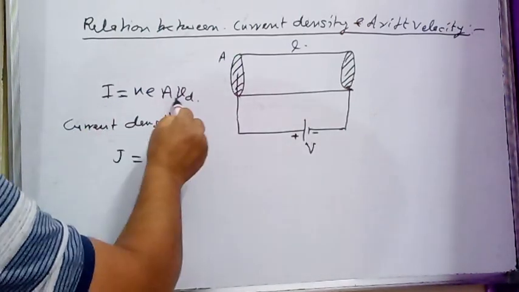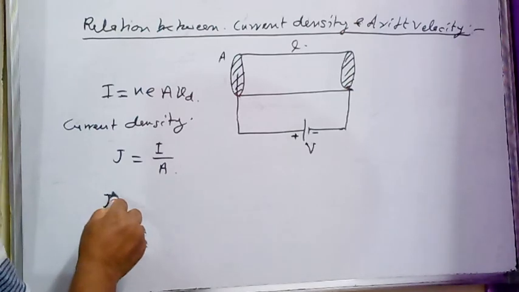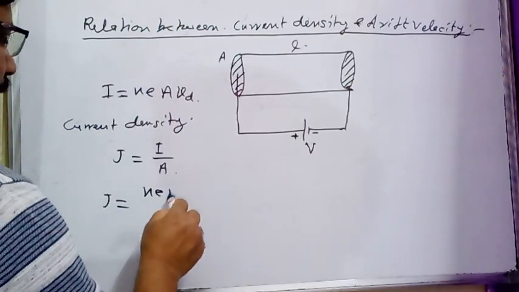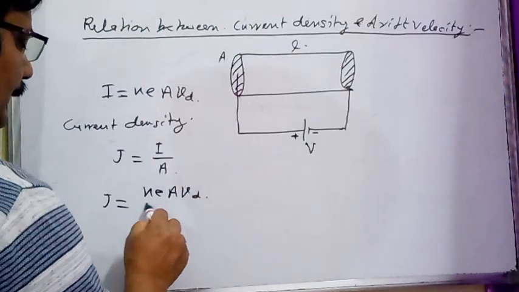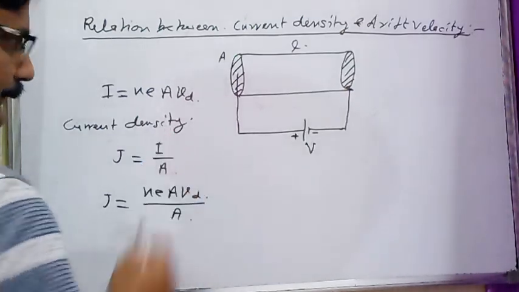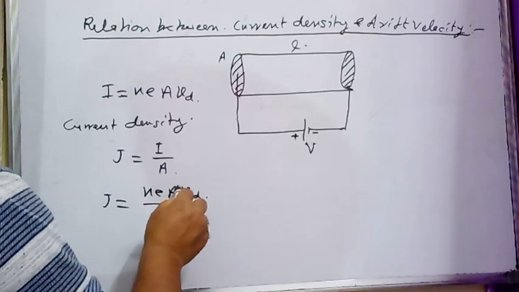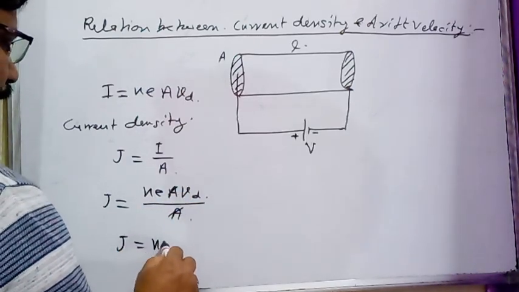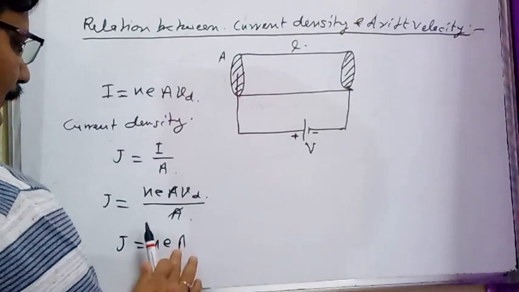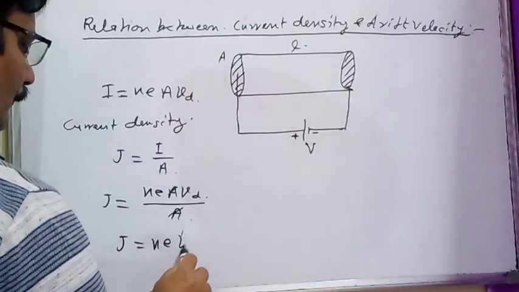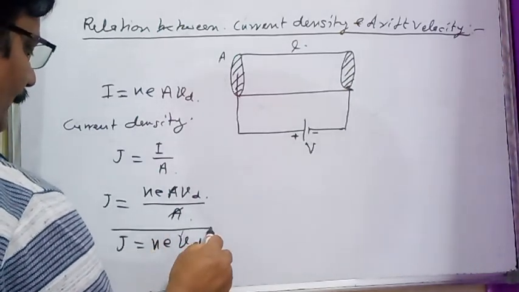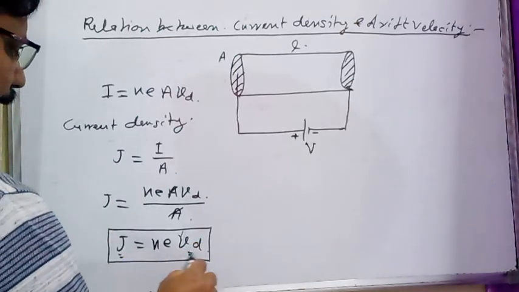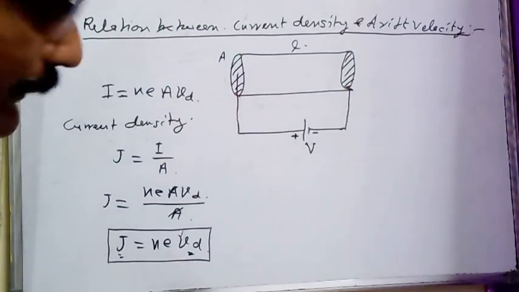So if you divide this relation by A, the relation between current density and drift velocity is going to be nEA into vd divided by the area of cross section. So A cancels and current density J is equal to nE into vd. This is the relation between current density and drift velocity of the electron.